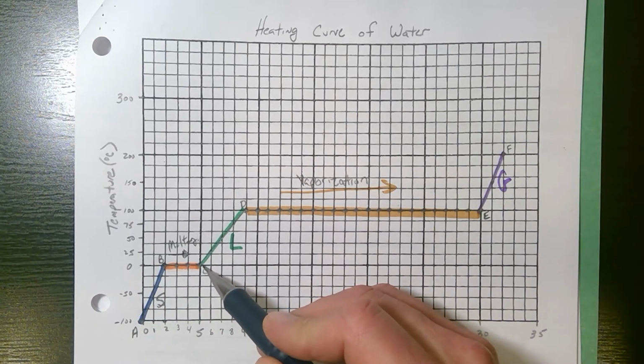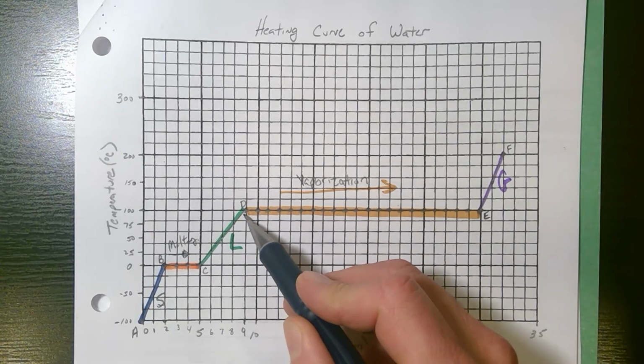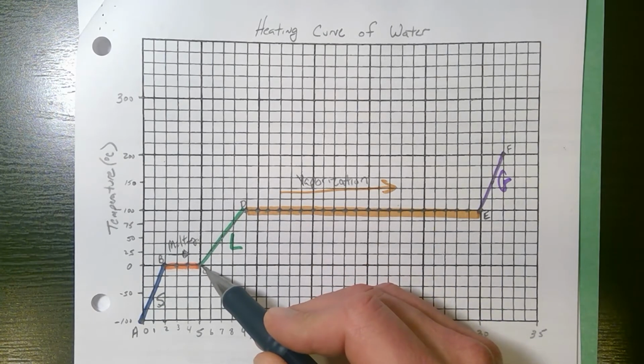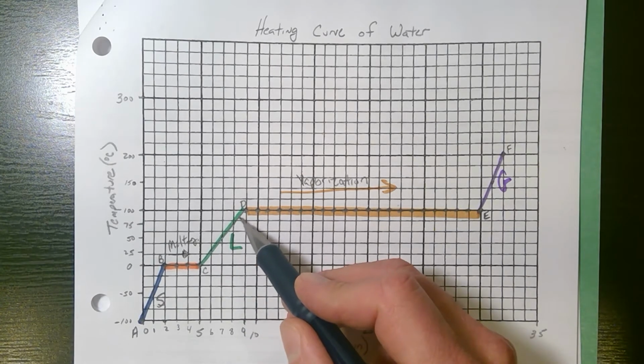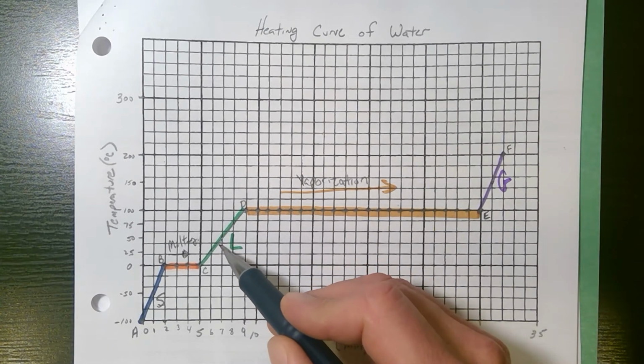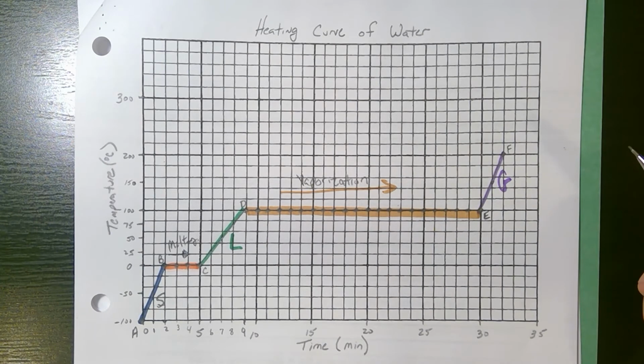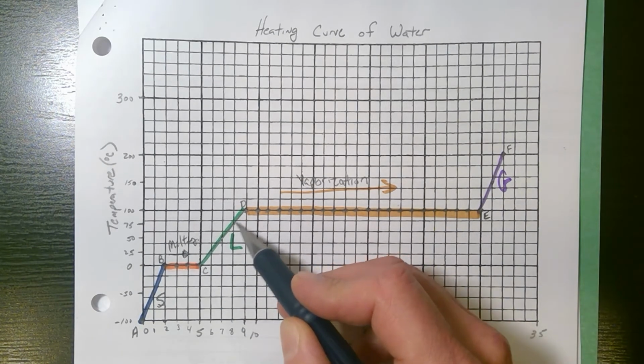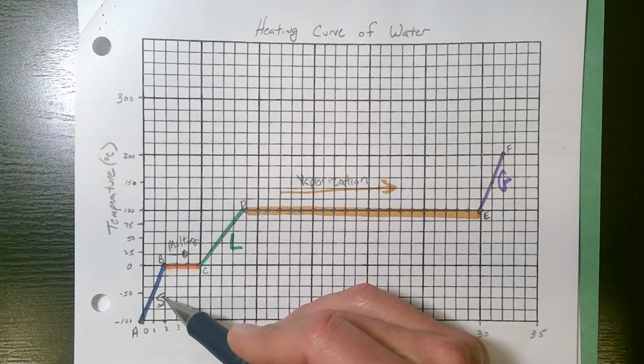The liquid water only changed 100 degrees in 4 minutes. So if I do the rate of change, 100 degrees divided by 4 would be 25 degrees per minute. So the liquid water is heating as you're adding the energy, but it's heating at a slower rate.